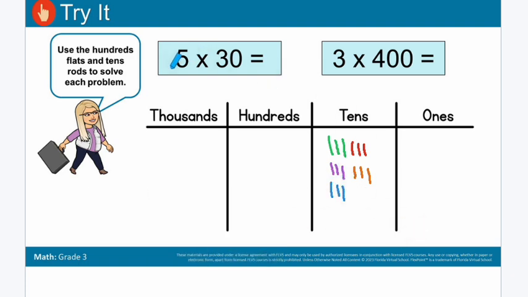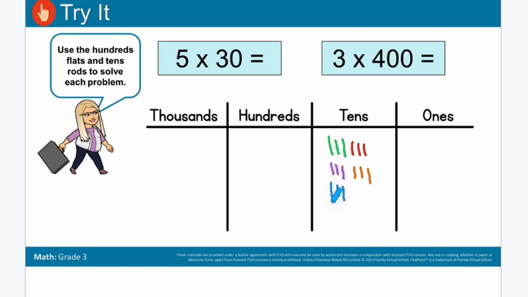Okay, so I have 5 groups of the number 30. So here's one group of 30, 2 groups of 30, 3 groups of 30, 4 groups of 30, 5 groups of 30. I know that it takes 10 rods to equal 1 flat.